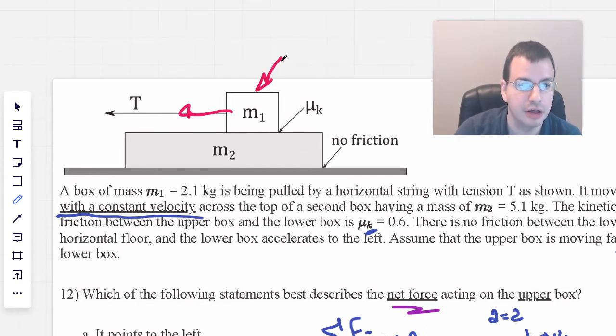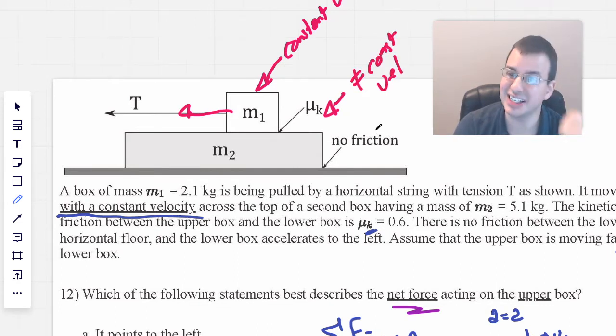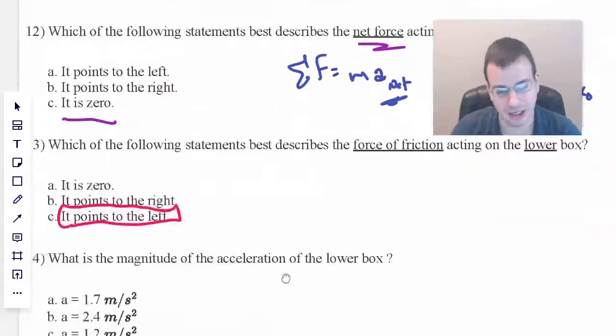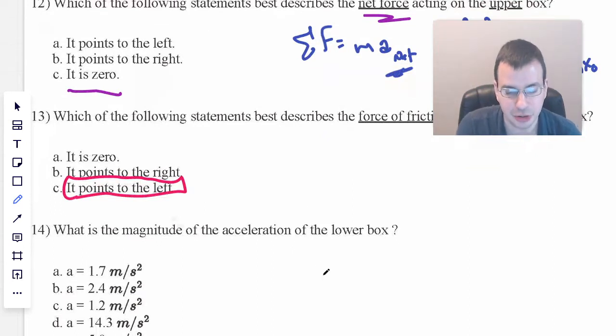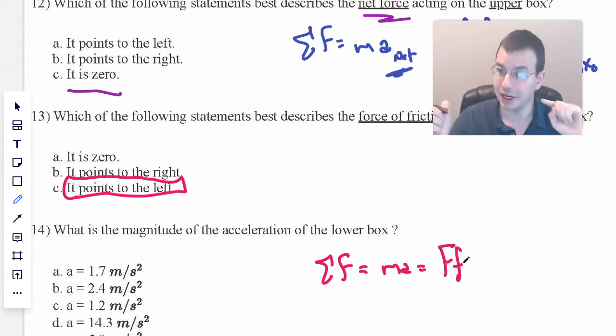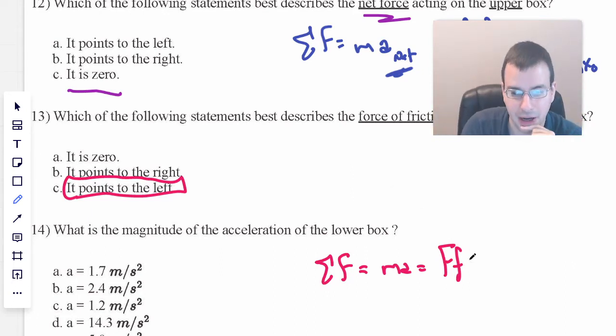The upper box has constant velocity, but this one is not constant velocity; it's accelerating. The force doing the acceleration, the net force, which is always mass times acceleration, is going to be the same in magnitude as the force of friction from the top box.